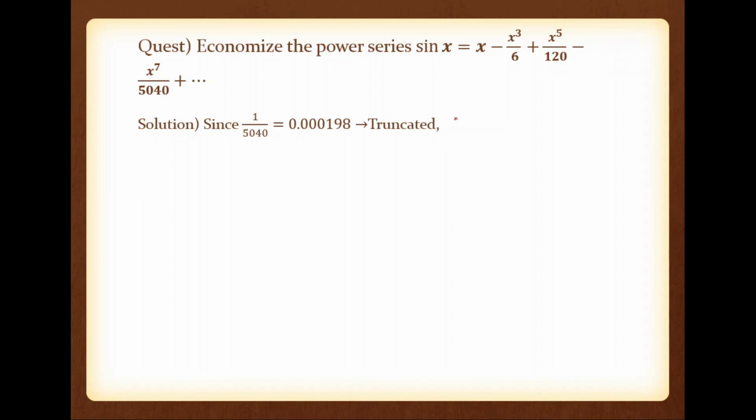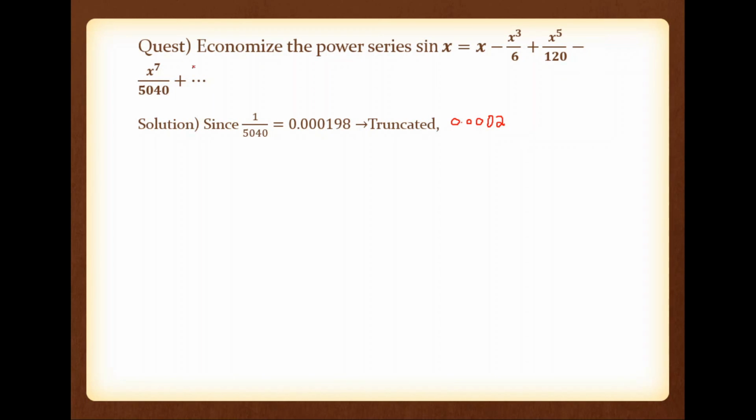Is it okay? So if you are truncating this, here 6 significant digits are used. If you are using 4 significant digits, 0.0002. That one is a value of 1 by 5040. Means if x raised to 7, if x is varying from minus 1 to 1, this value is changing from minus 0.0002 to plus 0.0002.